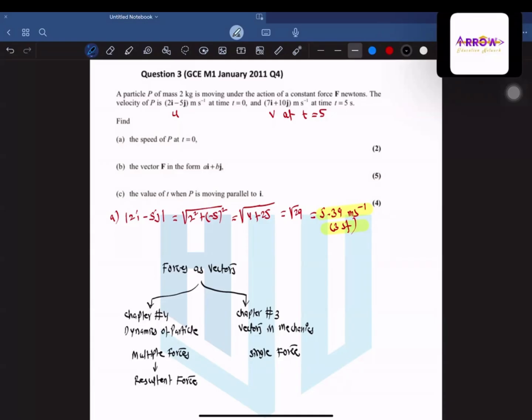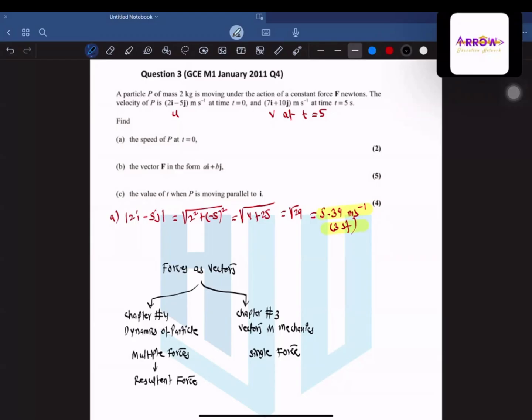You should be aware of these things, because when you have completed chapter number 3 and you want to practice past paper questions, as far as forces as vectors are concerned, you will only attempt those questions where you are specifically dealing with a single force, where the particle is under the action of a single force.